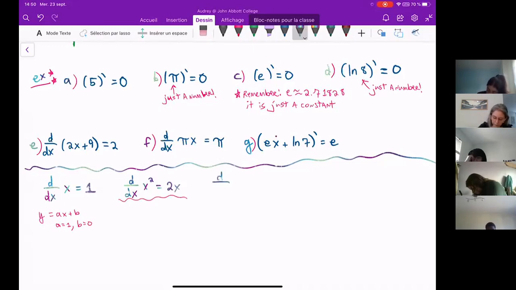The derivative of x cubed, it turns out, is 3x squared. The derivative of x to the fourth, it turns out, is 4x cubed.